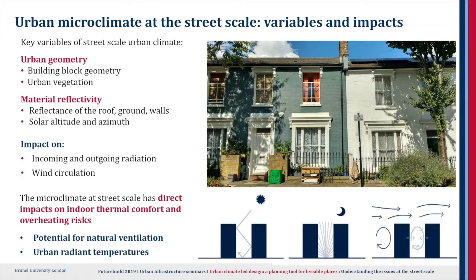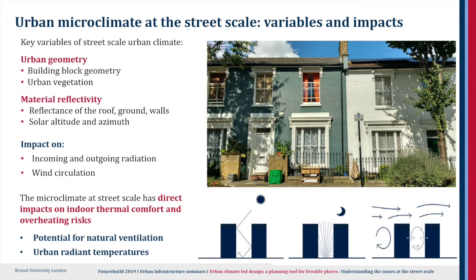When we go into real-world urban spaces, we need to focus on some specific aspects of the urban fabric, especially the urban geometry and the material. The urban geometry, such as the building block geometry or also the urban vegetation, affects both the radiation balance and wind circulation.